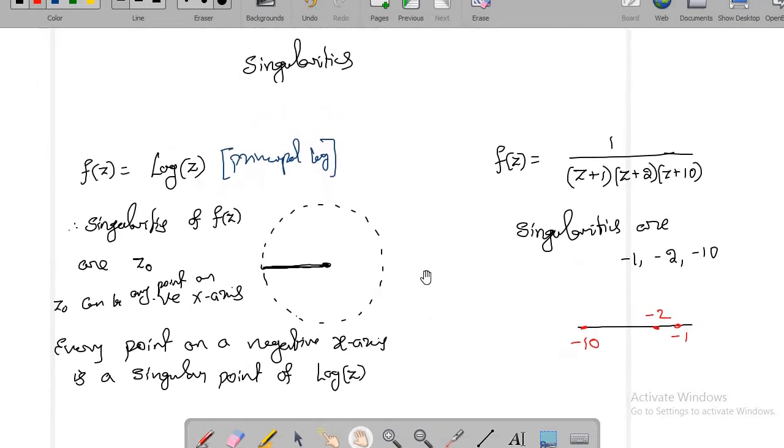Okay. Now we are going to classify them into 2 parts. One which comes under this case and another one this case. Let me tell you what that is. See here, if you give me any 2 singularities of this function, I can create a neighborhood around these 2 singularities so that no intersection point is coming inside it, isn't it? So even if you give me -2 and -1, I can create a neighborhood around these 2 so that no common point is coming inside it.